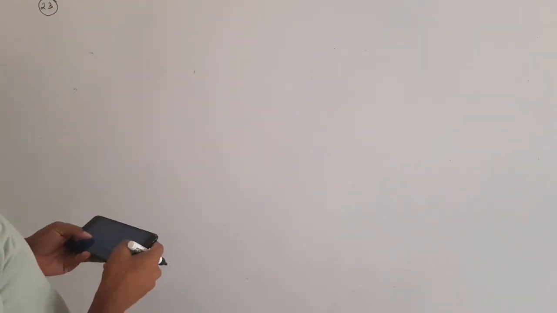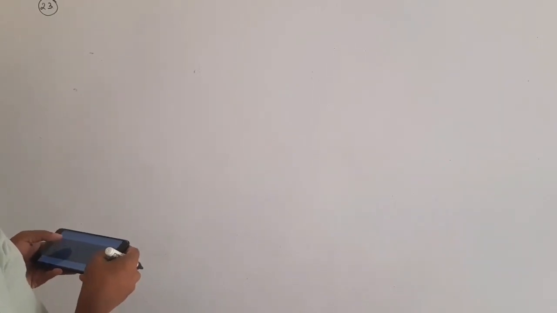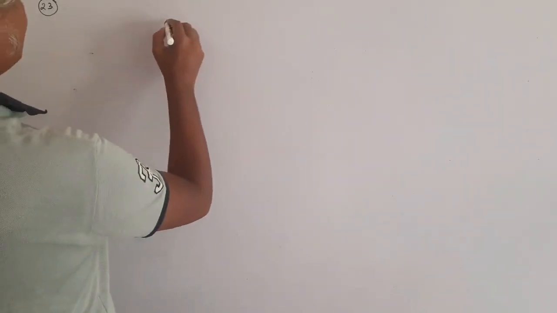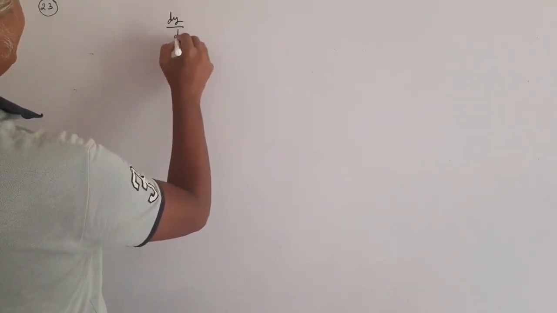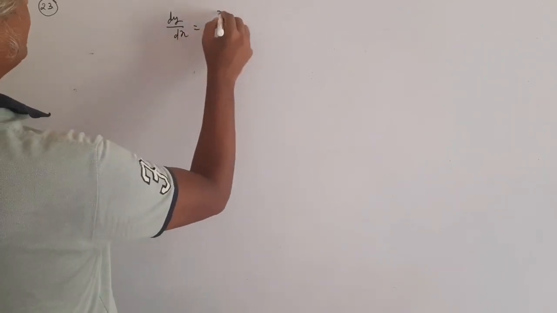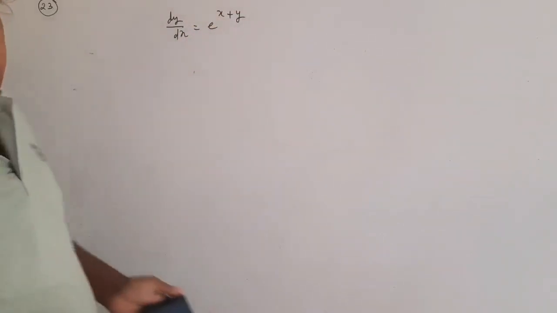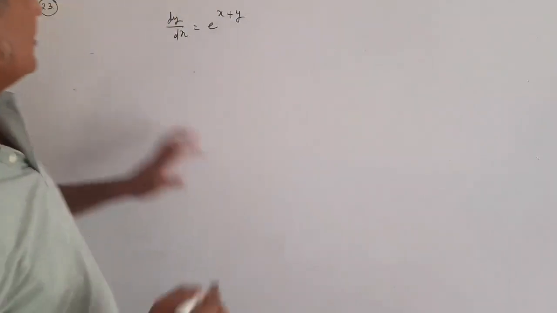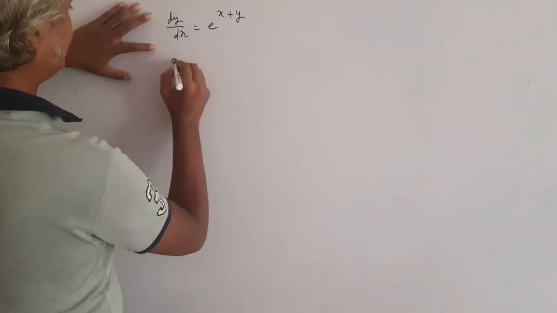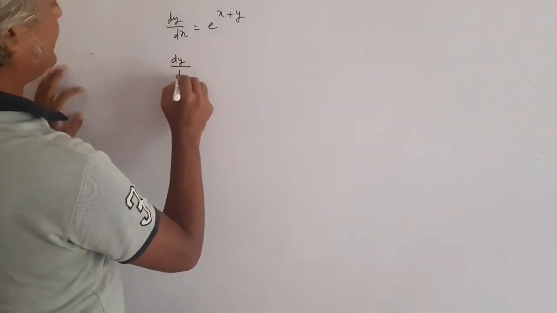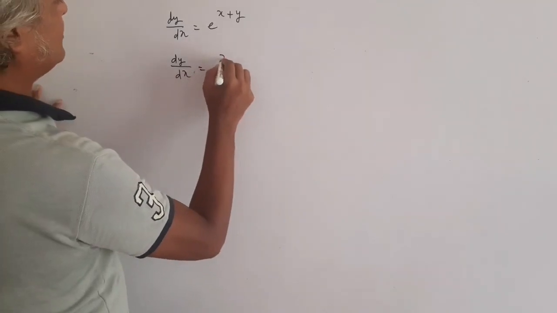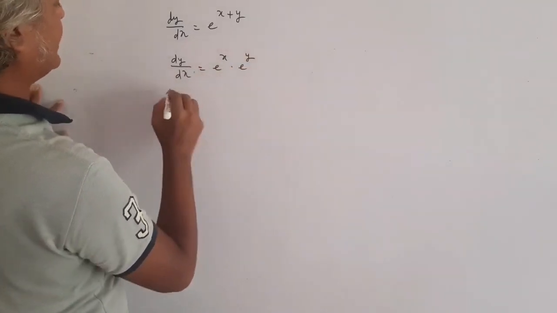Question number 23 says, an MCQ question, the general solution of the equation dy over dx is e to the power x plus y. They are asking you to find the general solution of this equation. Then we write dy over dx is e to the power x dot e to the power y.